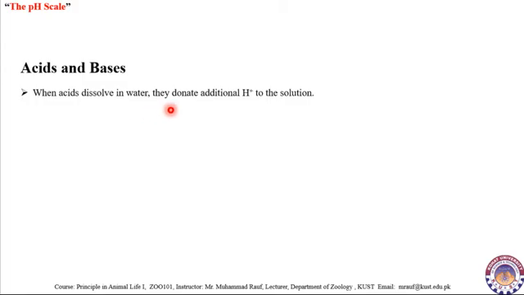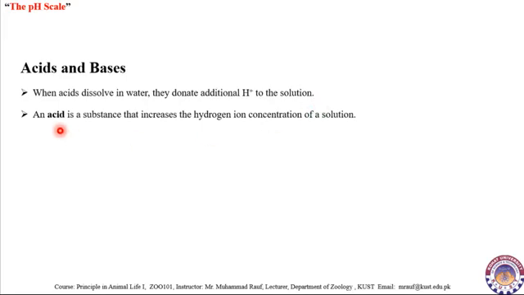The acid will donate additional hydrogen ions to the solution. So the population of hydrogen ions will increase in comparison to the hydroxyl ions, and that solution or the water will become acidic.